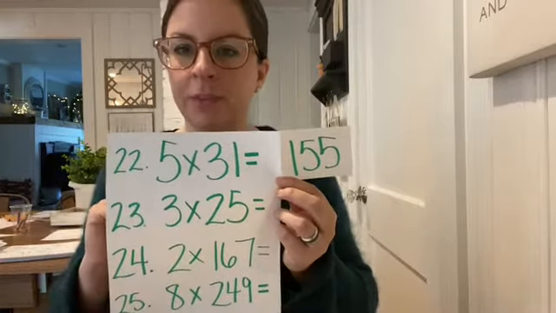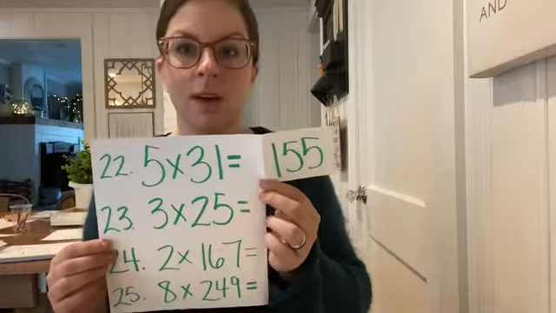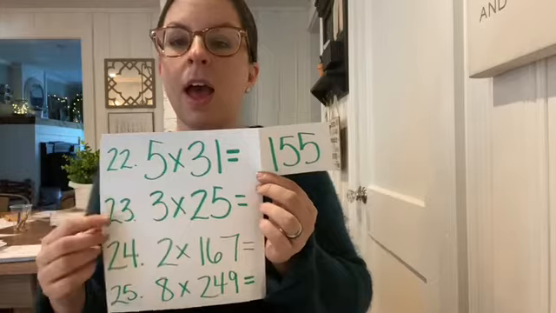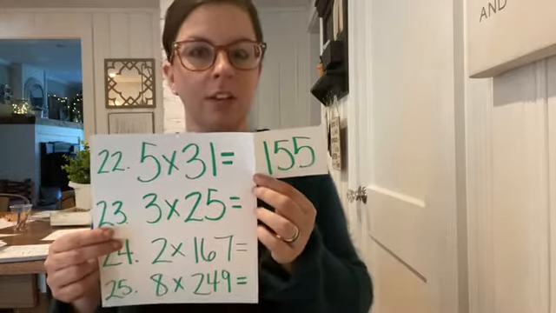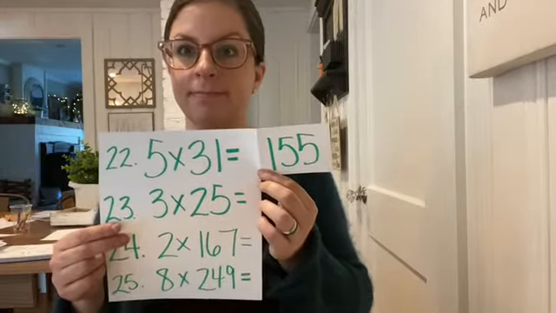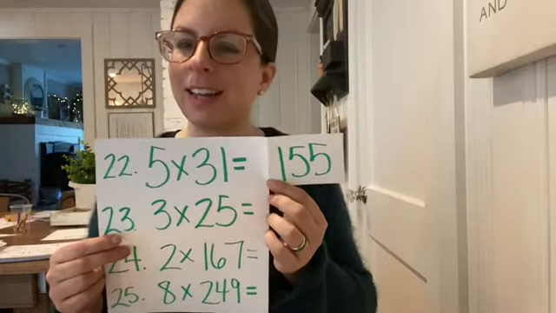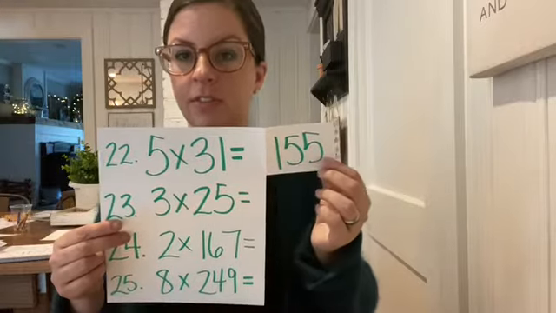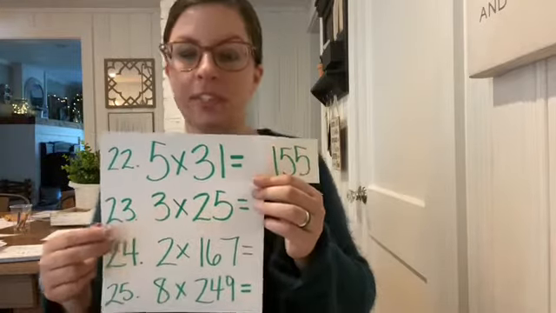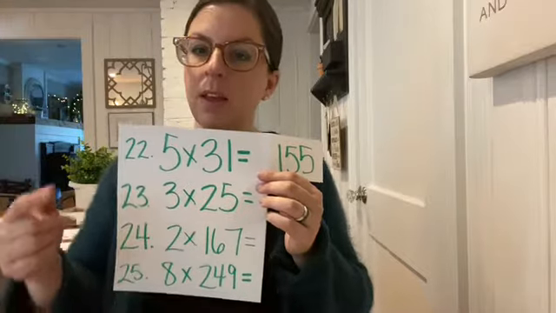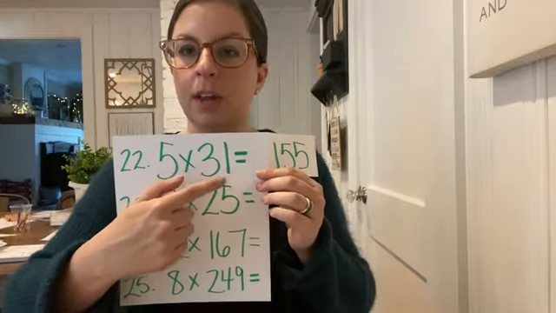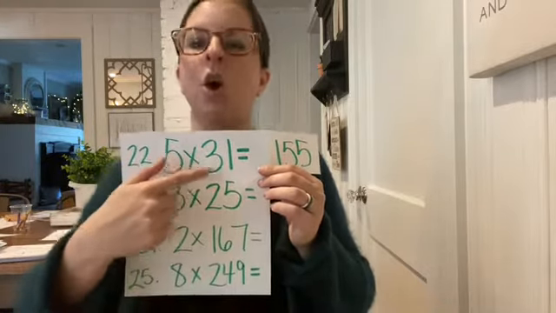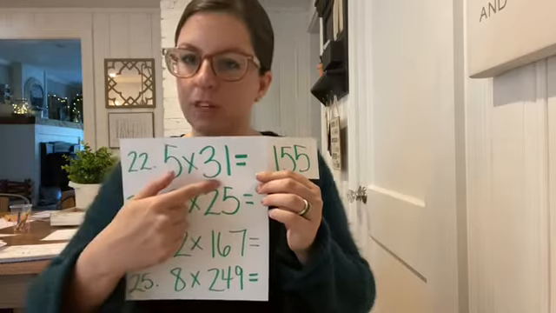Was my estimate, 5 times 30, 150, an overestimate or an underestimate of the actual answer? It is an underestimate because 150 is less than 155. The way you know is if your compatible number is under the actual number, it's going to be an underestimate. If it's over the actual number, it's going to be an overestimate.